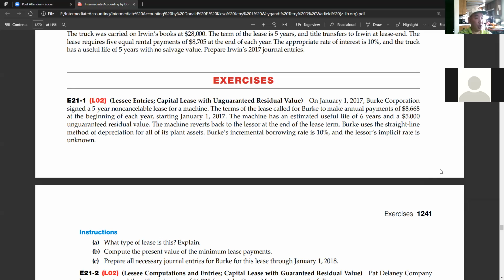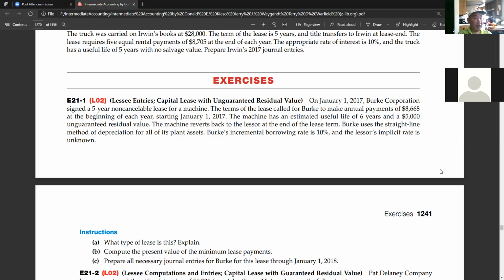Okay, so right here, on January 1st, 2017, Burke Corporation signed a 5-year non-cancelable lease for a machine. The terms of the lease call for Burke to make annual payments of $8,668 at the beginning of the year, starting January 1st, 2017.